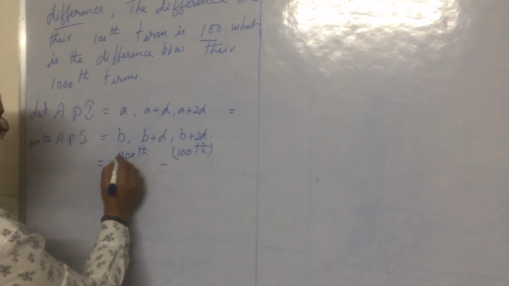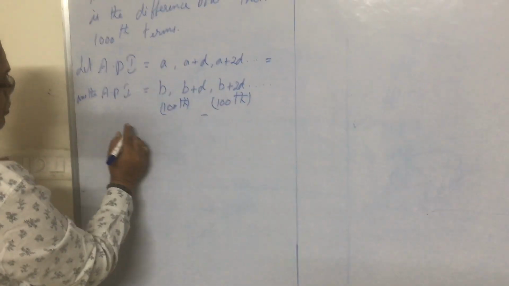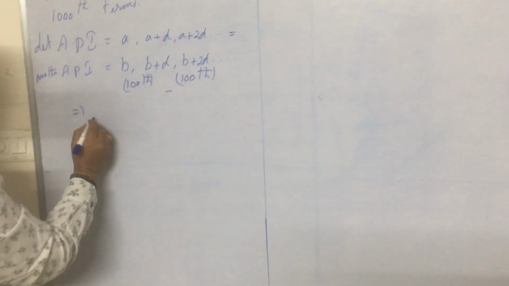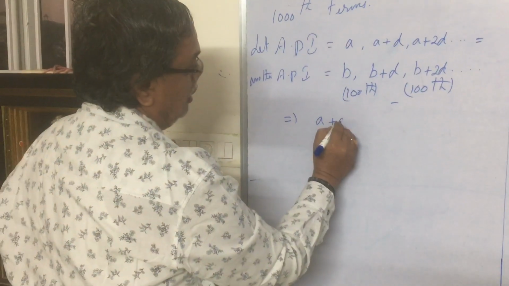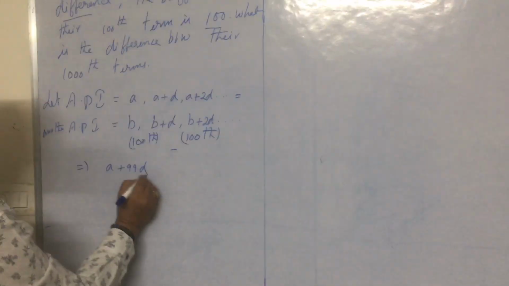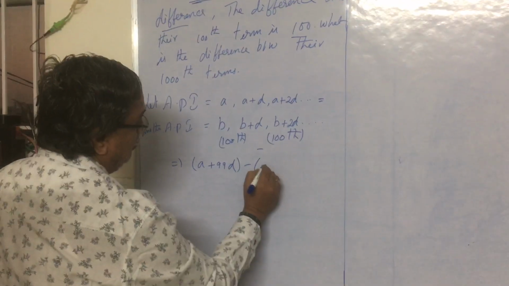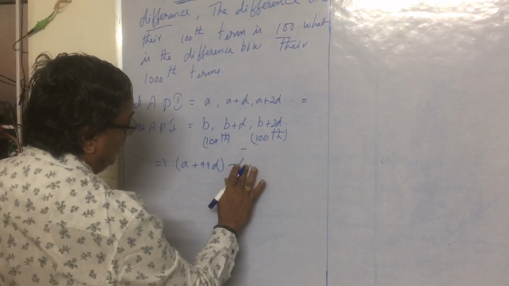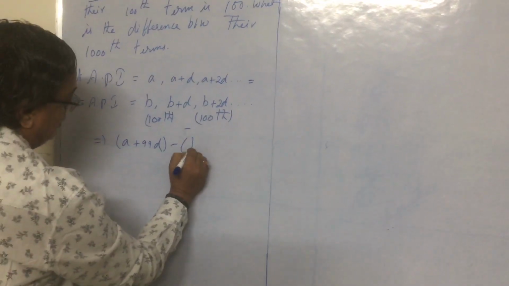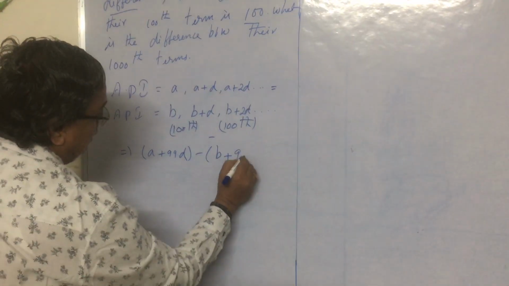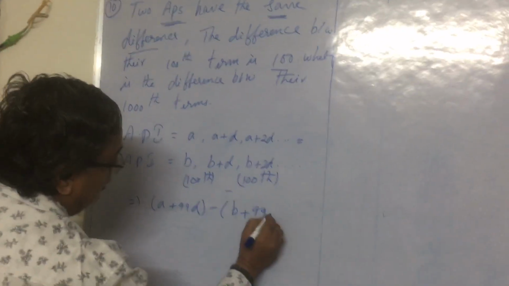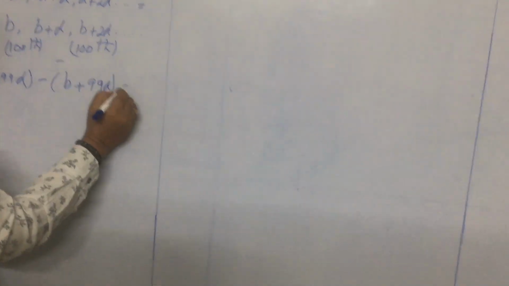The 100th term means A plus 99D, minus the bracket of A plus B plus 99D, which is equal to 100.